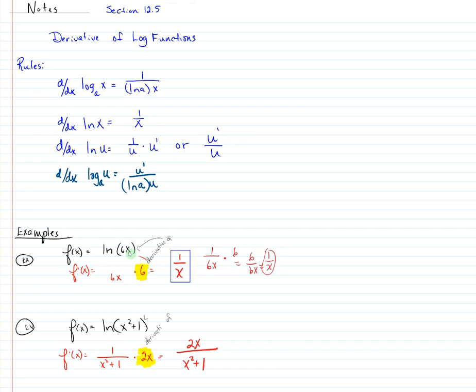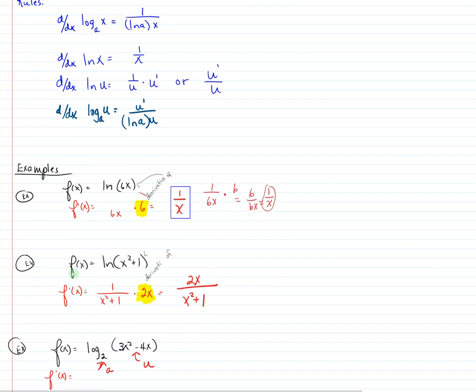If we're just following the rules, that's the same as ln u, because it's not just plain x. So it's 1 over 6x times the derivative of u. Or we could just say the derivative of 6x is 6, over the original 6x. It does clean up, and we have 1 over x as our final answer.